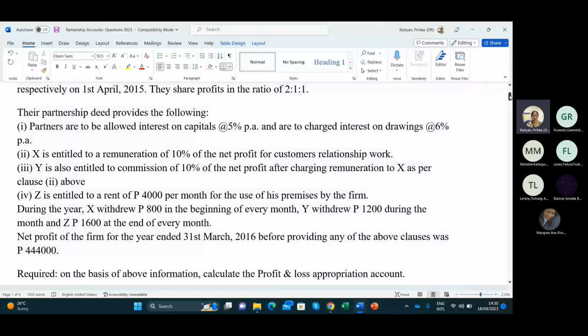Okay, so when you are calculating the commission for Y, do we need to subtract the salary of X or not? What do you think?